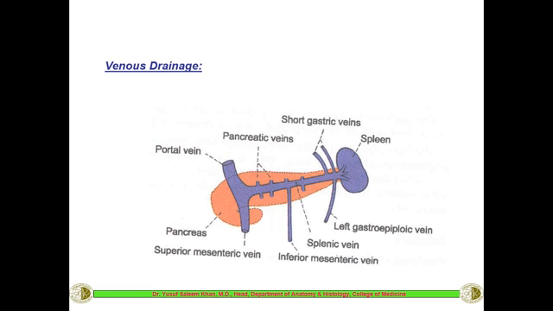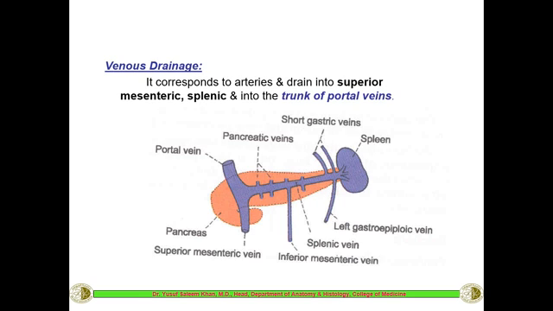Coming to the venous drainage. Venous drainage is mainly from the corresponding veins which are similar to that of the arteries, and they all drain into the superior mesenteric vein, or into the splenic vein. This is the splenic vein, and the inferior mesenteric vein drains into the splenic vein, and this splenic vein joins with the superior mesenteric vein to form the portal vein.